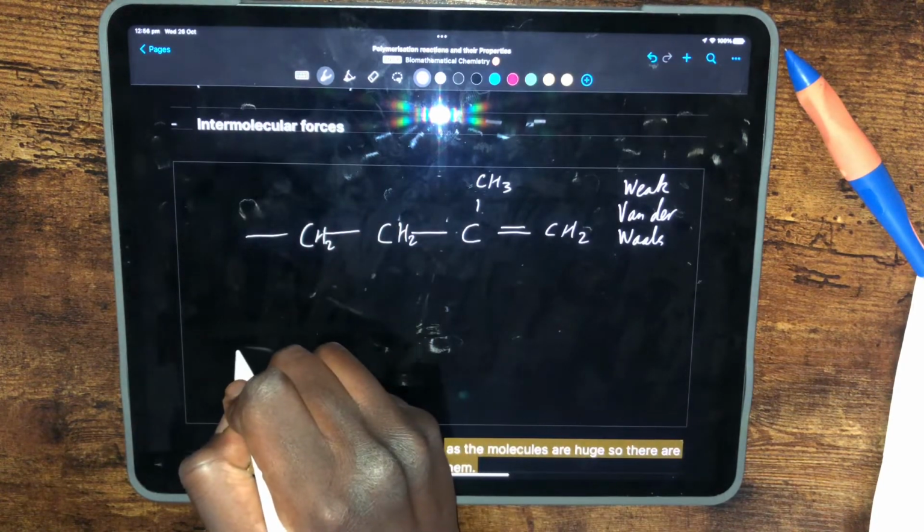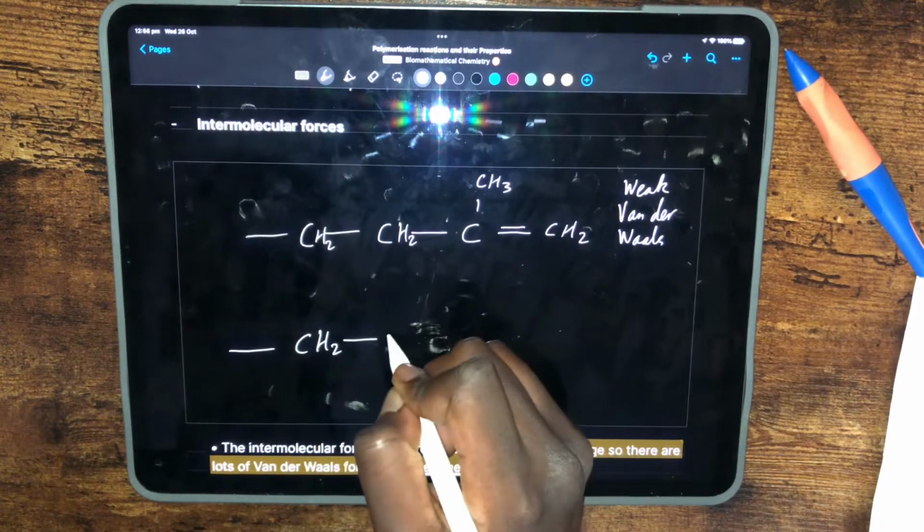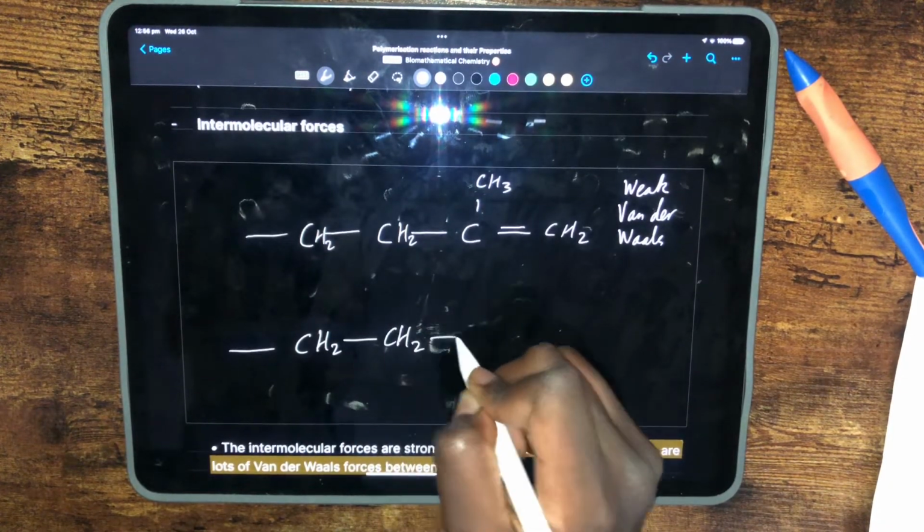Now, if I was to do the same thing here, obviously it's not going to be exactly a straight chain like this, but this is just to show you an example of my point.